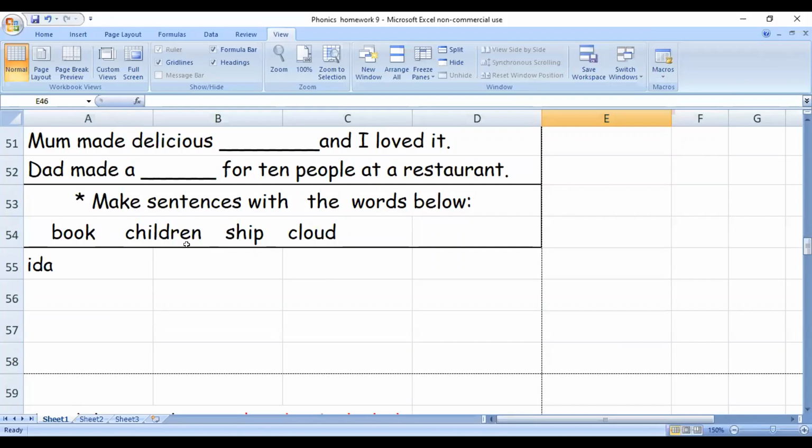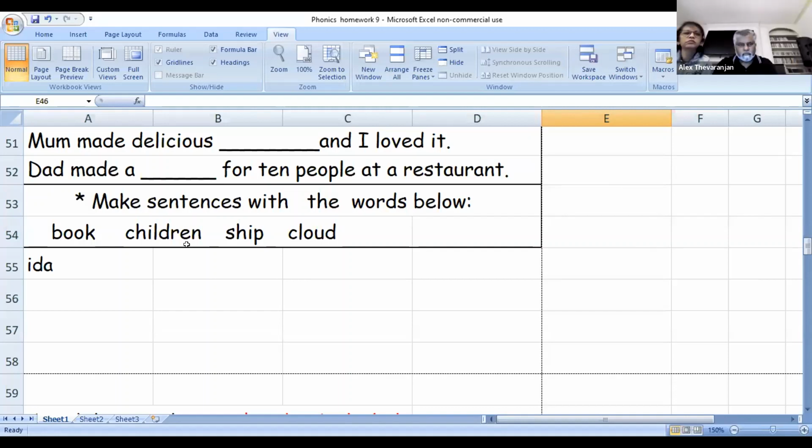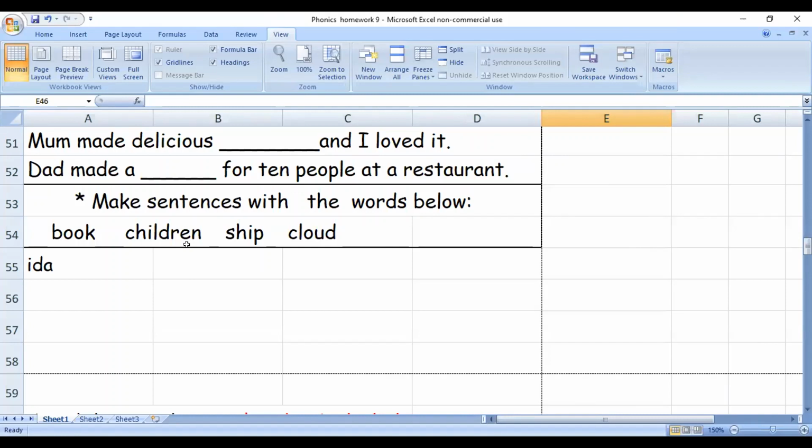But when you say children, it is plural. It is more than one. When you are using the plural, you have to use the word are. So a child is playing in the playground or children are playing in the playground. You understand? Okay, good attempt.